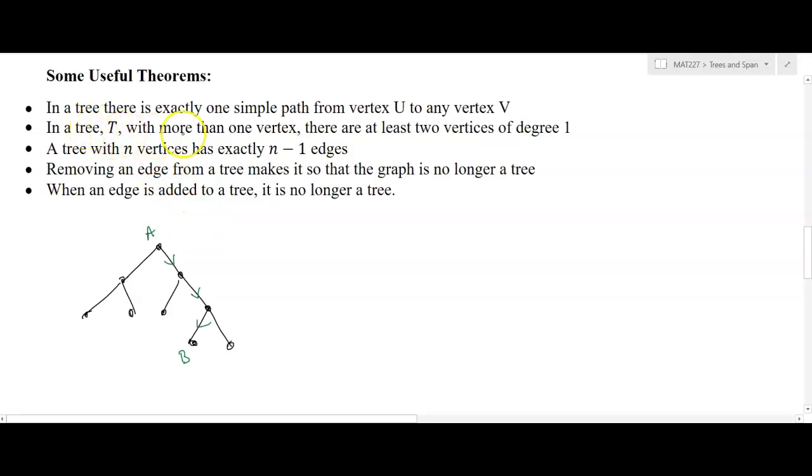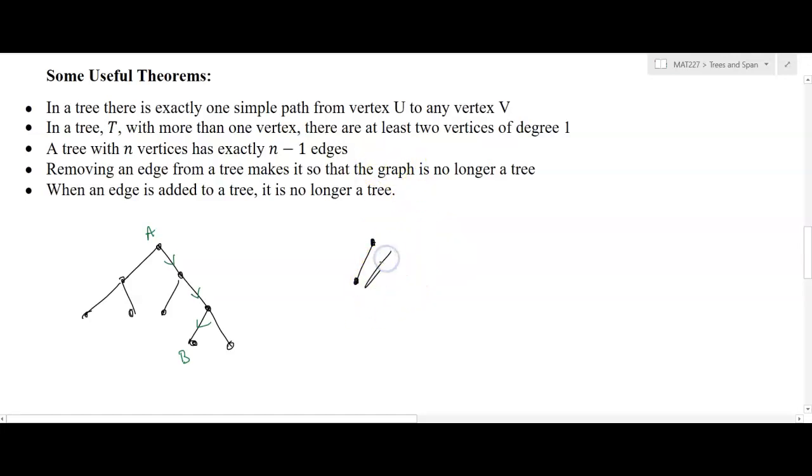In a tree with more than one vertex, there are at least two vertices of degree 1. So first of all, the thing to note here is that A, the root of your tree, is going to have a degree of 1, because that has to branch out from... I apologize, that has a degree of 2. But if you think about a graph, if I start making a tree, then this vertex will either have, potentially, 1.